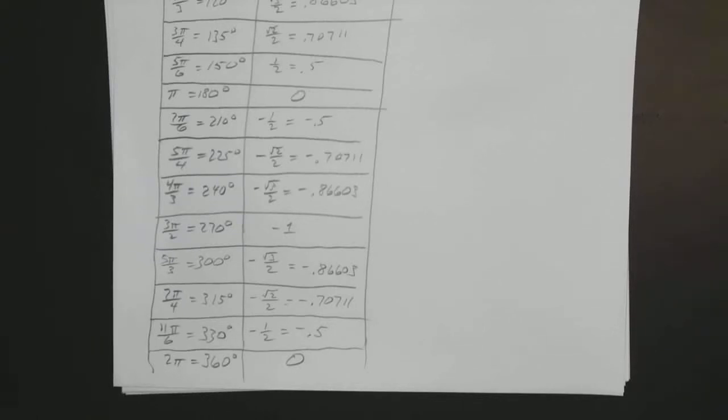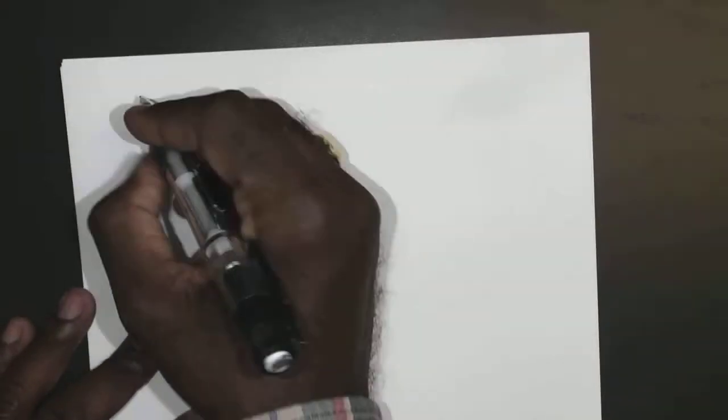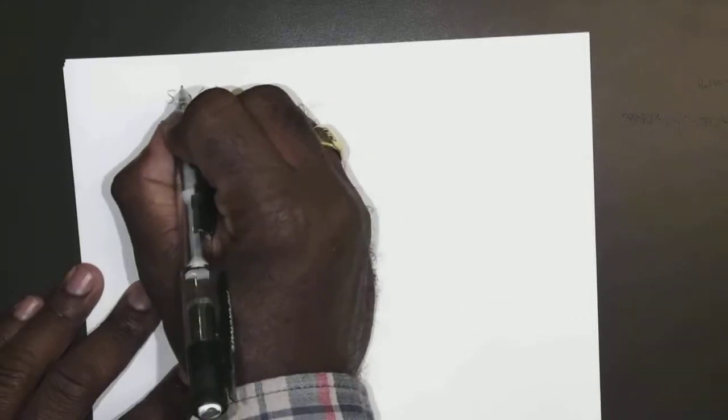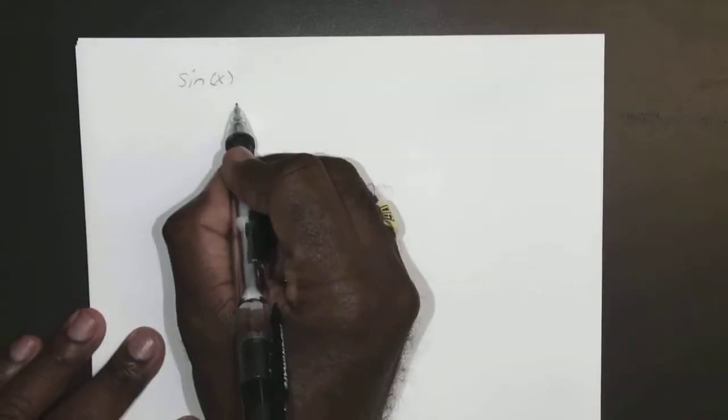All right, so now we're going to get all these points and we're just going to graph them on a regular XY axis. Okay, so if we got all of those points, and let's say instead of sine of theta, we made it sine of x.